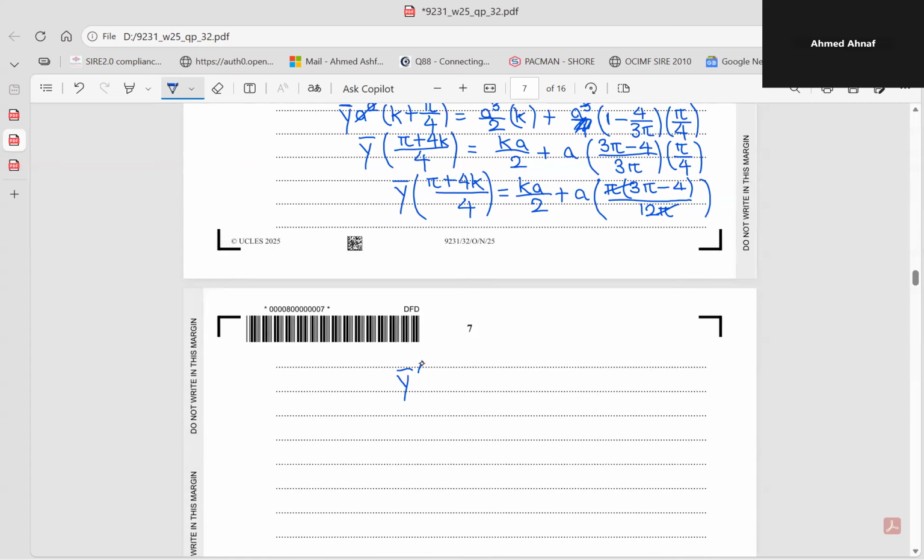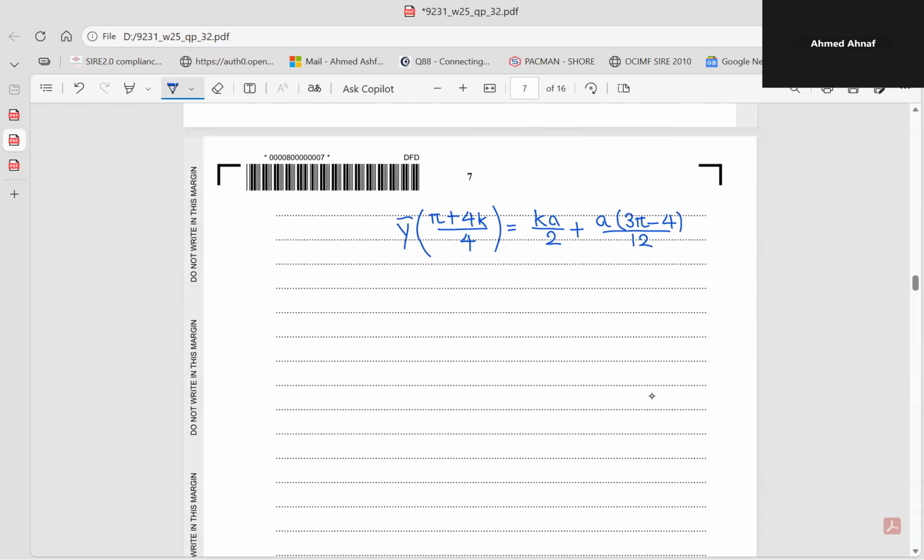Then we get y bar pi plus 4k over 4 equals to ka over 2 plus a times 3 pi minus 4 over 12.